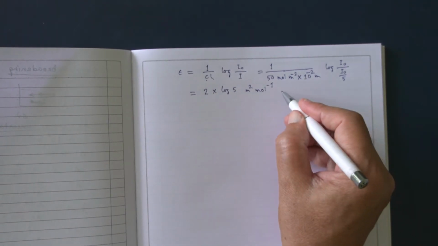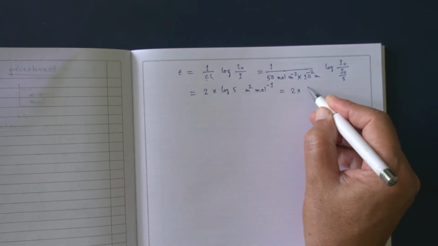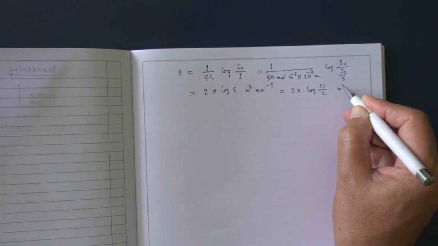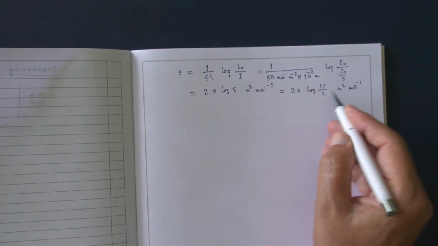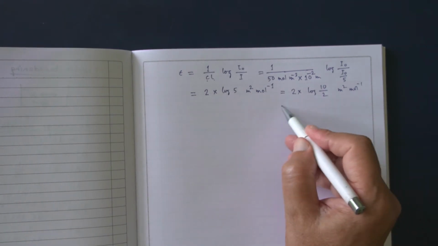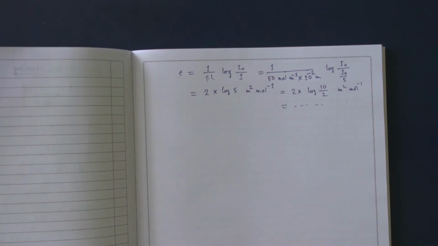And log 5 means log 10 by 2, so log 10 is 1, log 2 is 0.301. So you can simplify this. You have to solve problems like this.